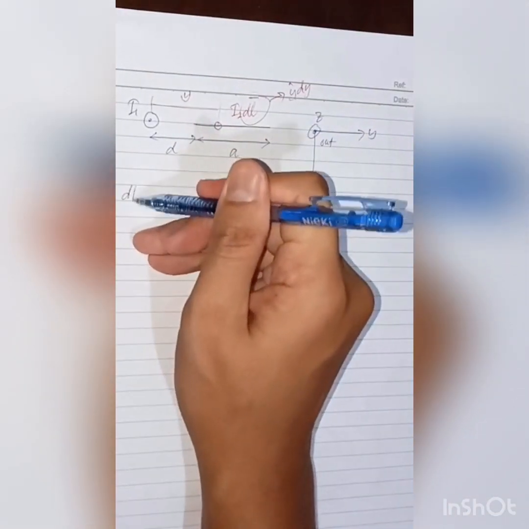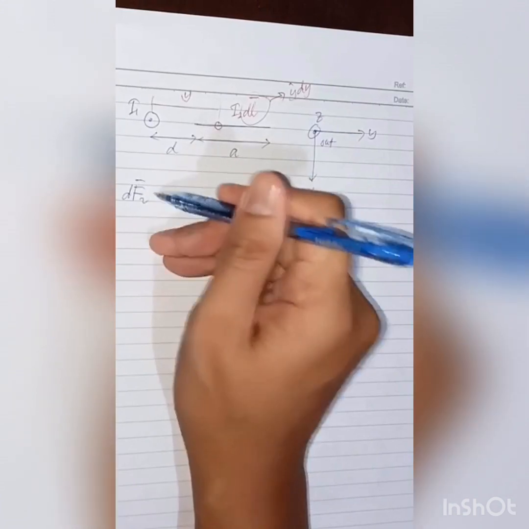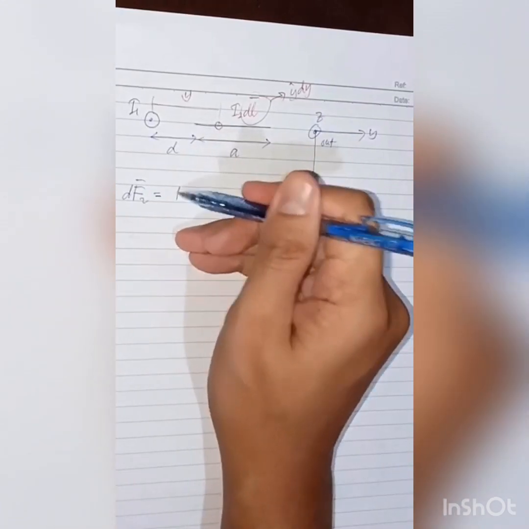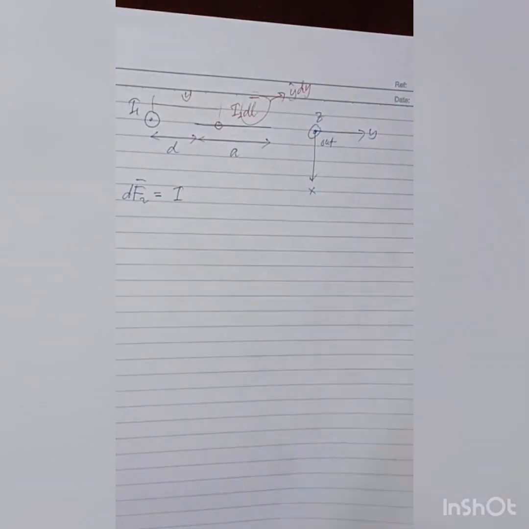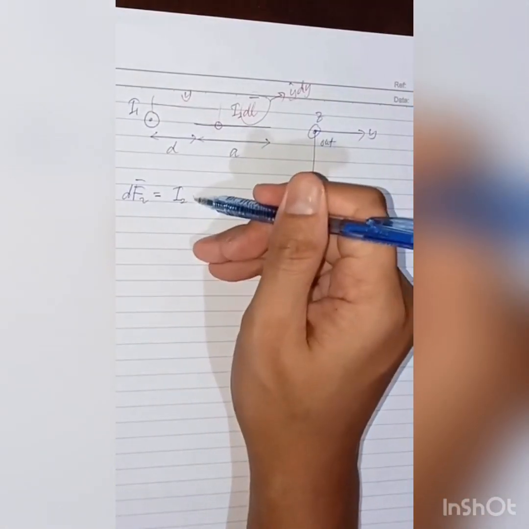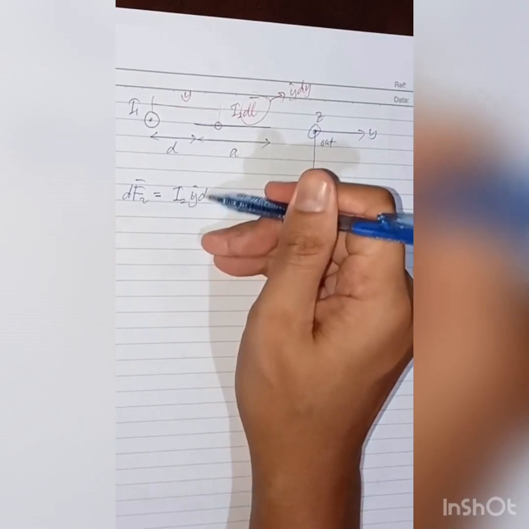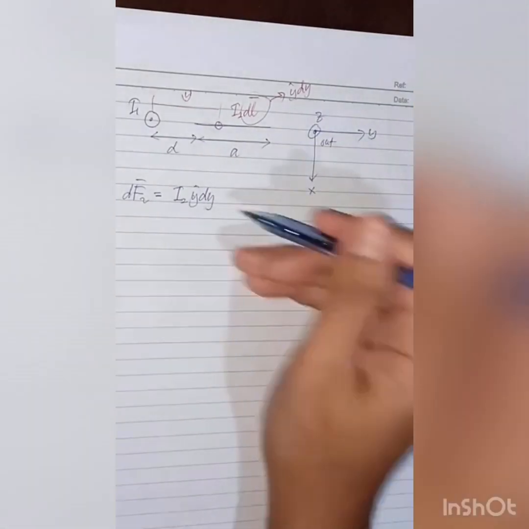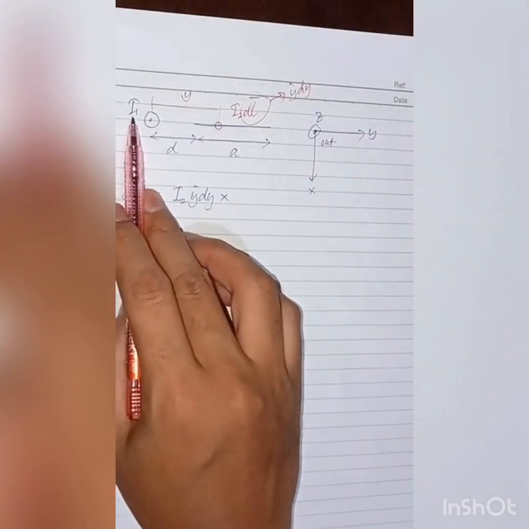Okay, so using the same equation of force to find the force exerted on the I2 second path, let's say I want to find the force at the second path. We have to use the second current element, I2 dy, and then cross it again with the B field that comes from the first current.